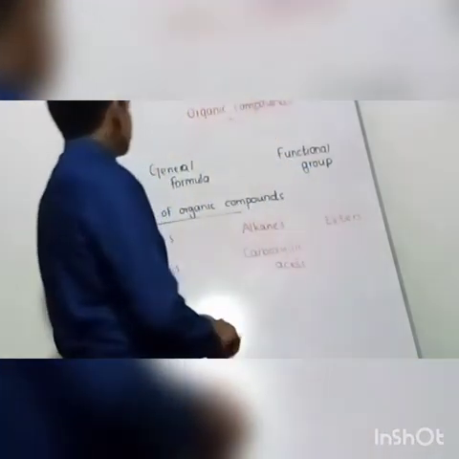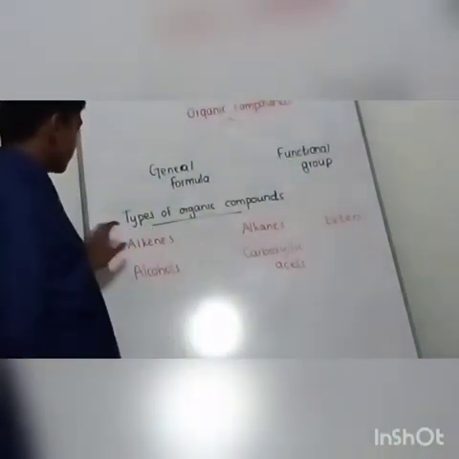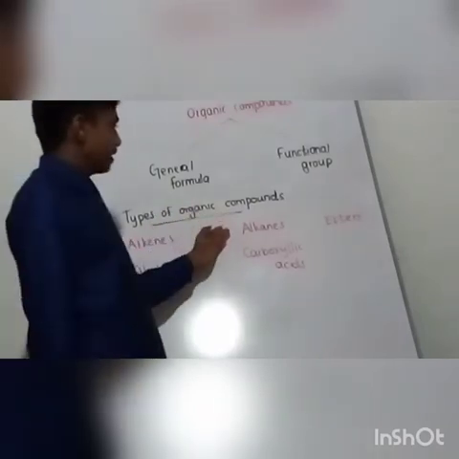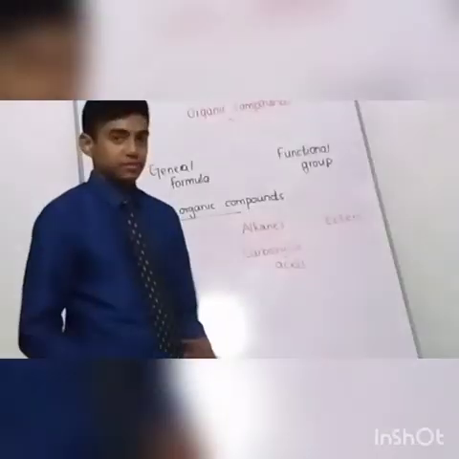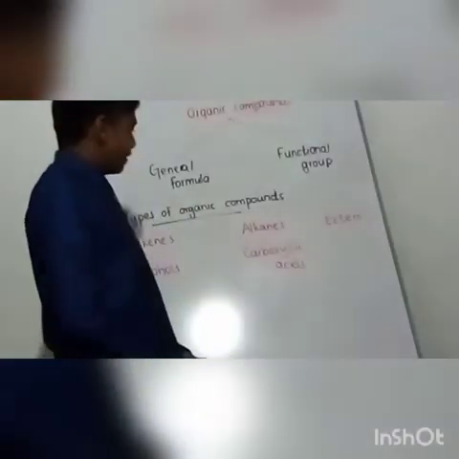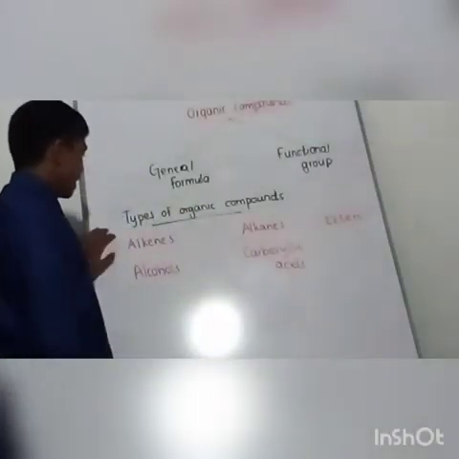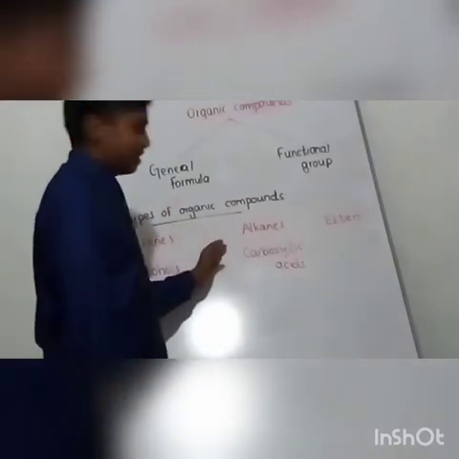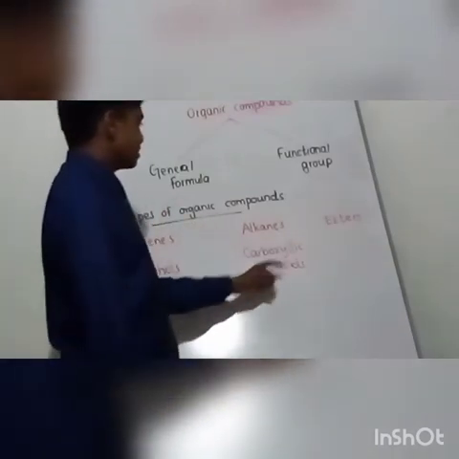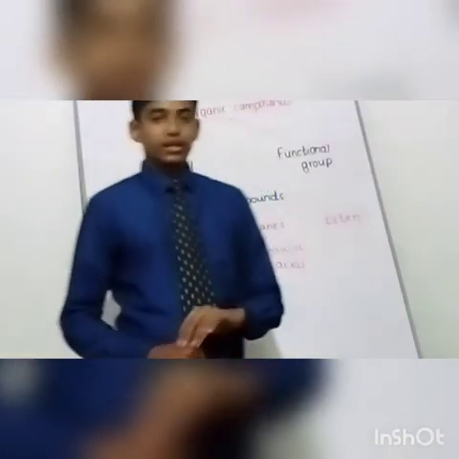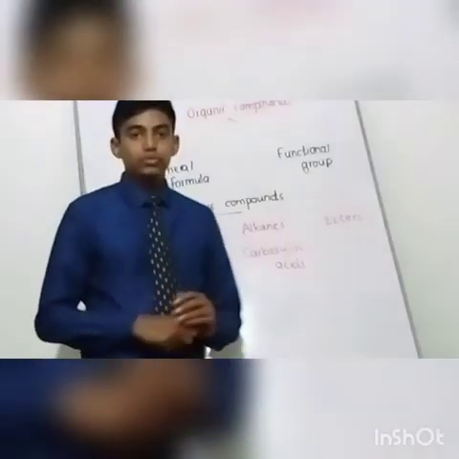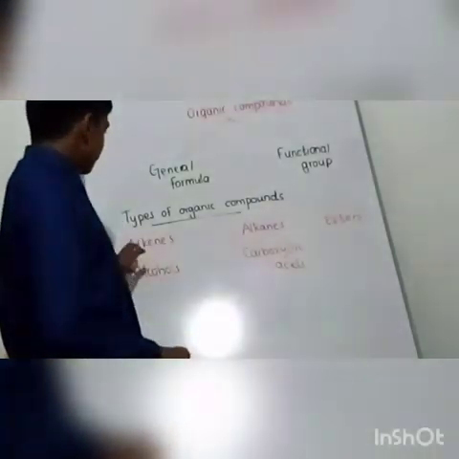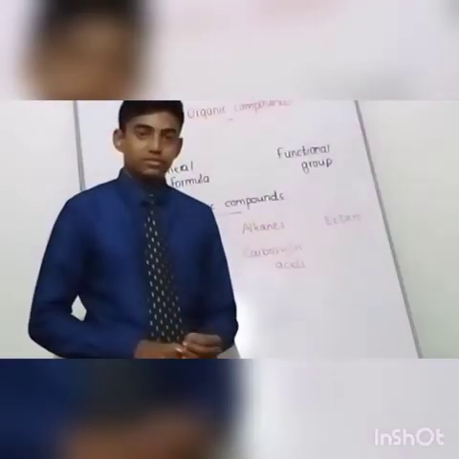There are types of organic compounds: alkenes, alkanes, alcohols, carboxylic acids and esters. In this video, I will only explain alkenes and alkanes. Alcohols, carboxylic acids and esters I will do in another video because all three are specially combined together. So let's see what alkenes and alkanes are.